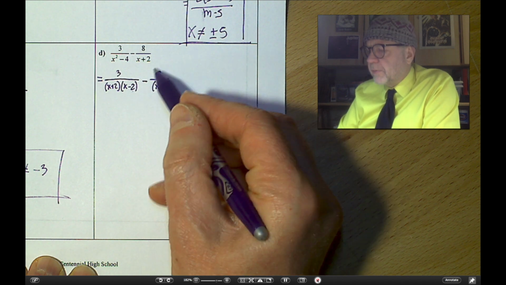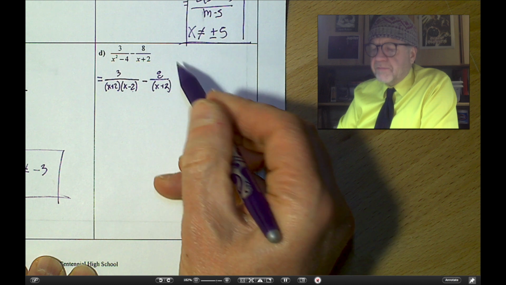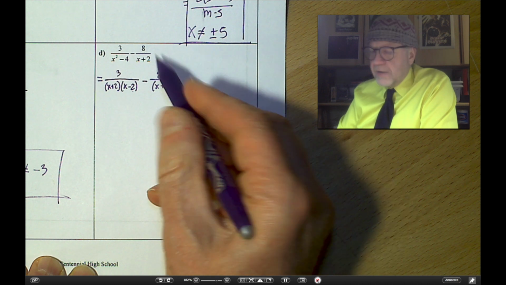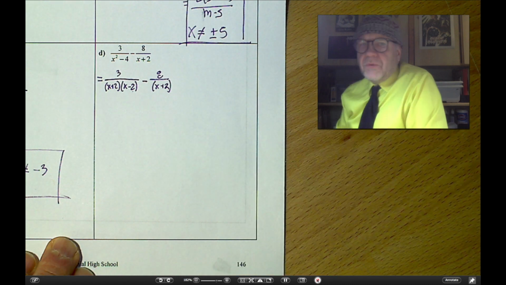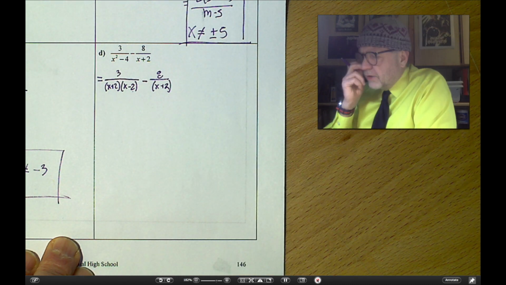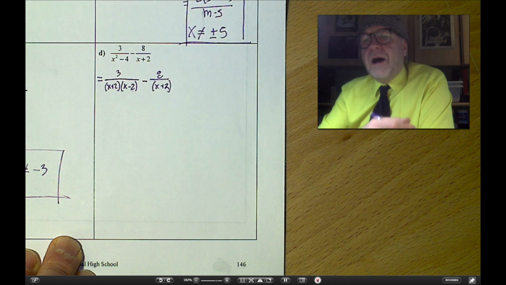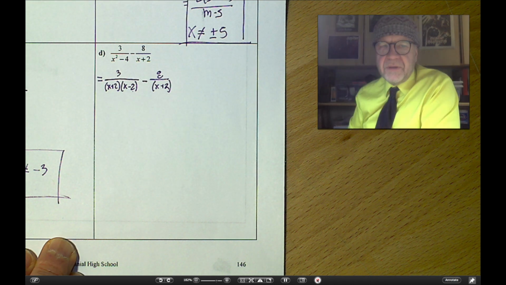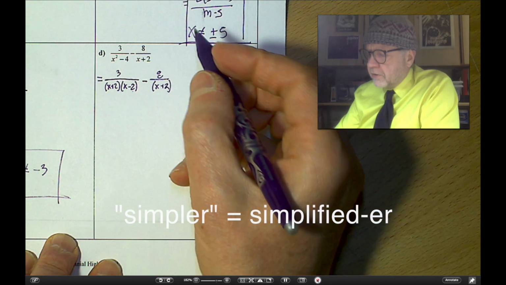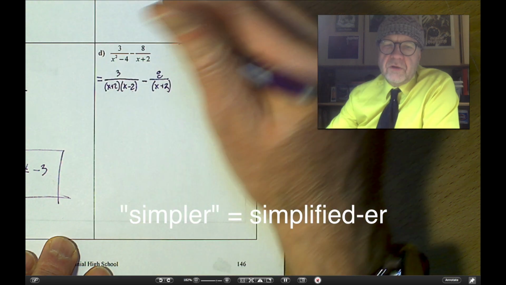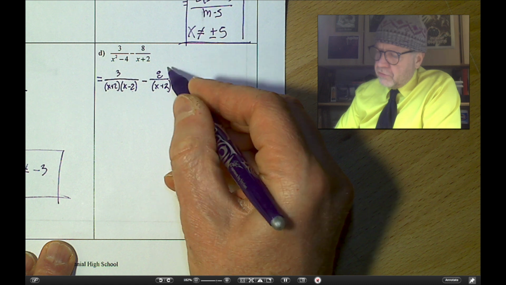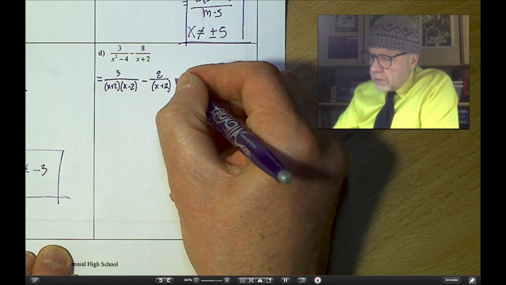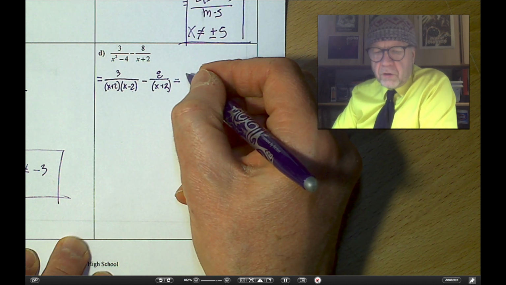If we multiplied this by x minus 2 over x minus 2, then we would have this all set up and nicely done. Like I said, there's lots of different ways to do it. I'm going to do it the more complicated way, just to show you that it can be done. But if you wanted a simpler way, maybe all you got to do is multiply the right side by x minus 2 top and bottom. But we're going to do the full meal deal here.